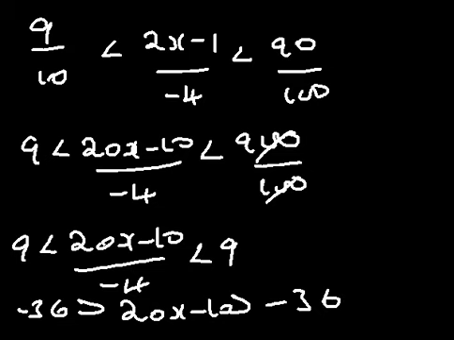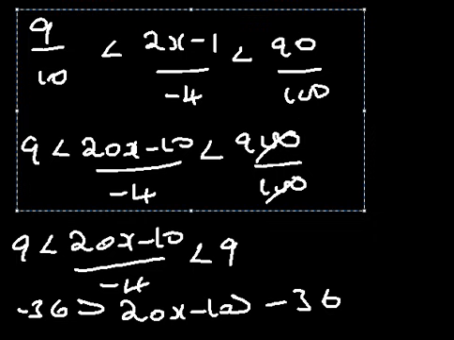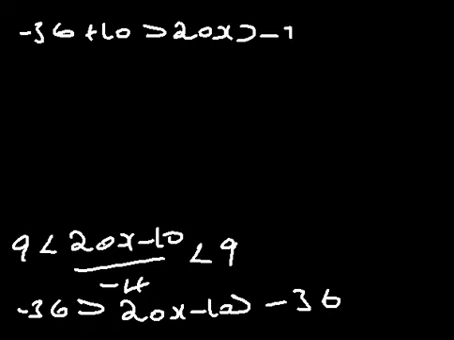So now we have negative 36, and that should be plus 10, greater than 20x greater than negative 36 plus 10.